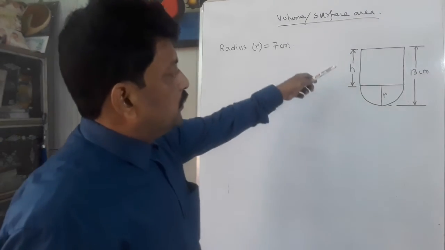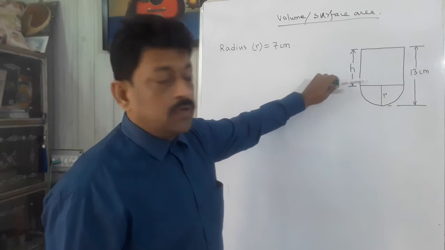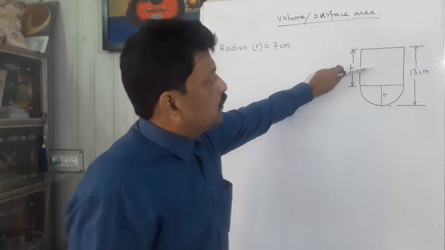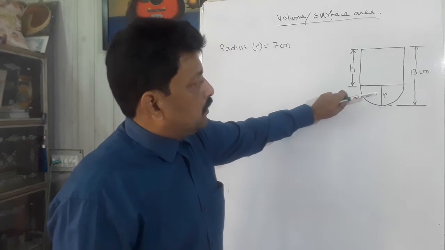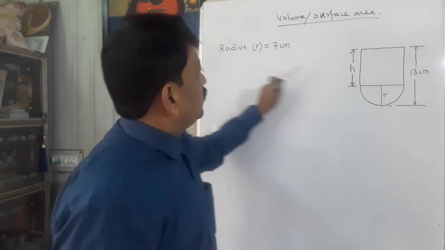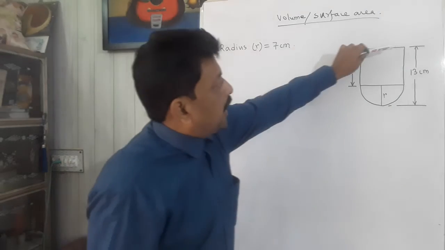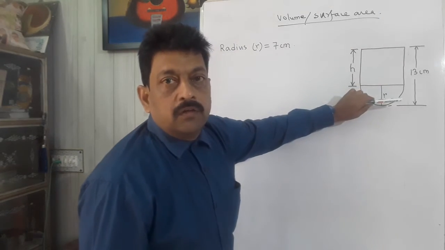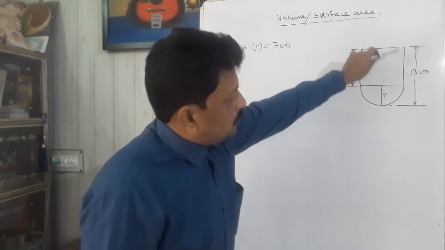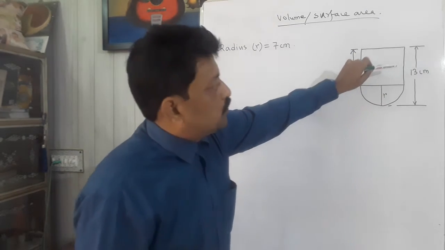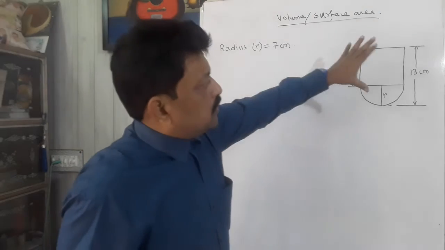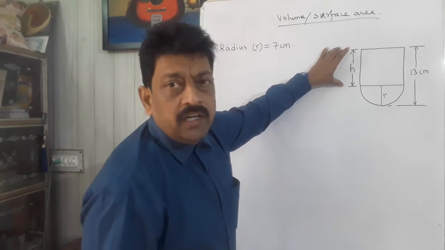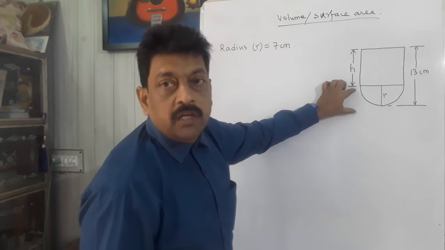Next question is a combination of solids where a hollow cylinder is mounted on a hollow hemisphere. They have common radius. The radius is given as 7 cm. Actually this is a toy. So total height of the toy is 13 cm. The toy is made up of one cylindrical part and one hemispherical part.